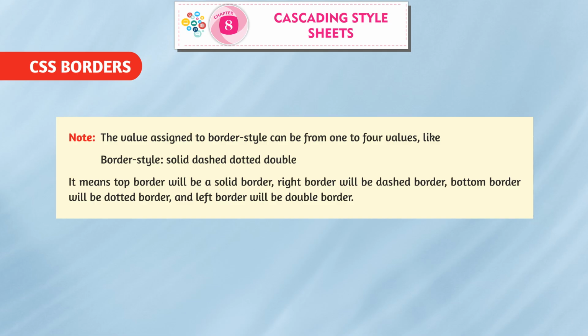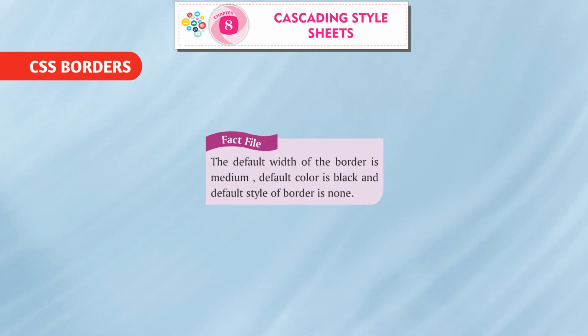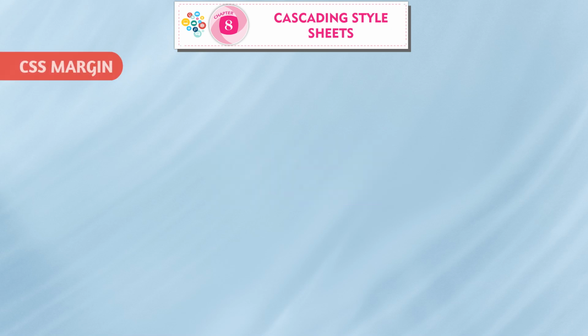It means top border will be a solid border, right border will be dashed border, bottom border will be dotted border, and left border will be double border. Example. Fact file: the default width of the border is medium. Default color is black and default style of border is none.